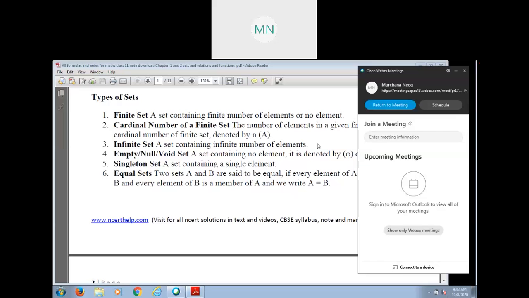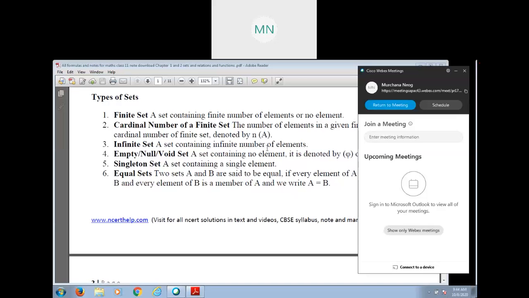A is 1, 2, 3, 4, 5. Count that: 1, 2, 3, 4, 5. The number of elements of A is what? 5, ma'am. Yes, it is 5. A contains the elements 1, 2, 3, 4, 5, and cardinality means the number of elements.